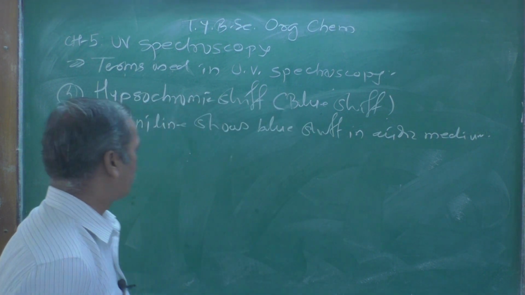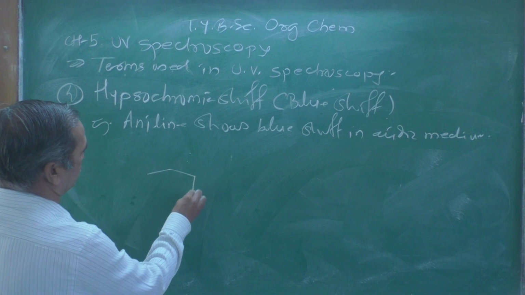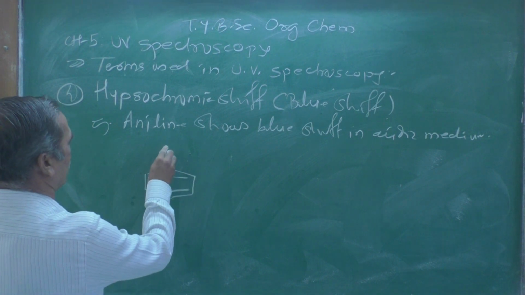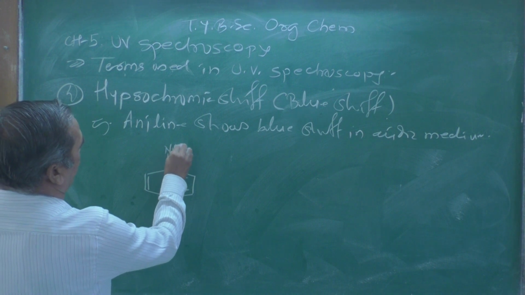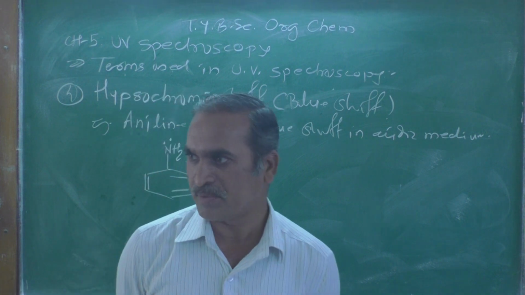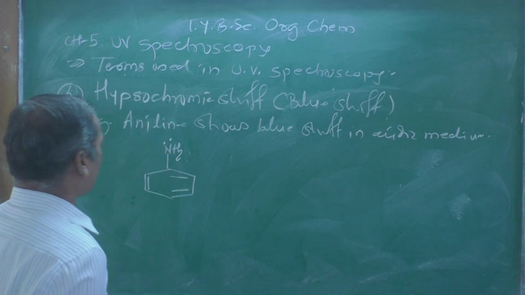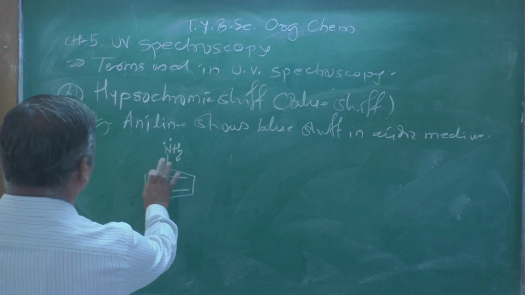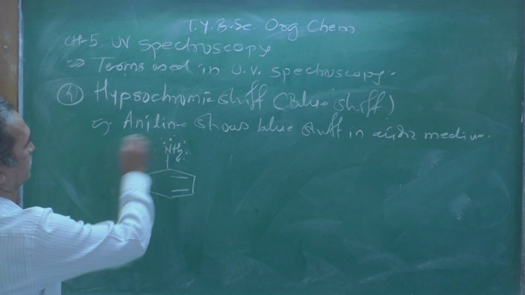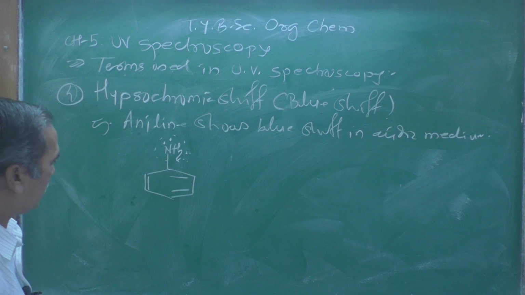As we know the structure of aniline, and it is important to know the structure of aniline, otherwise it is very difficult to answer such questions. Now look here, benzene, as we know, is a chromophore, and here an auxochrome is present on it.